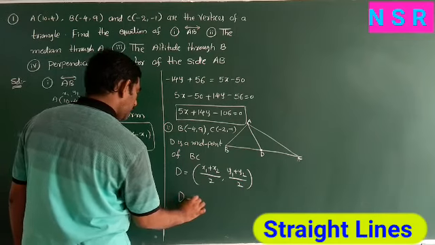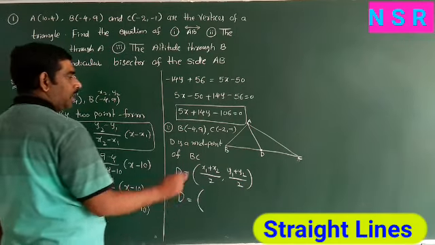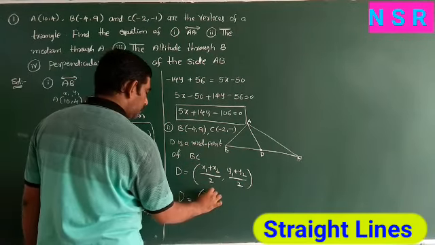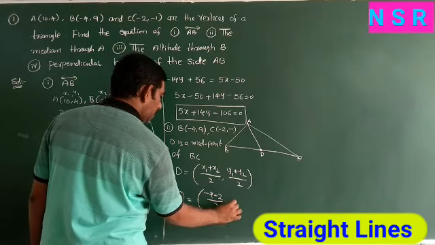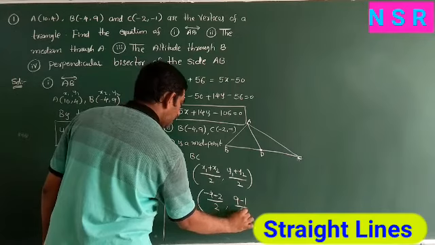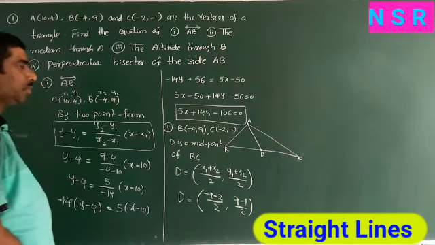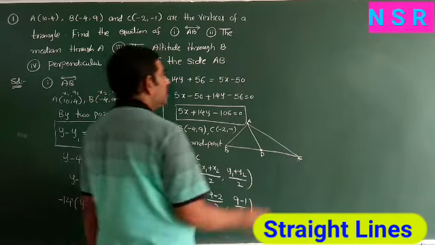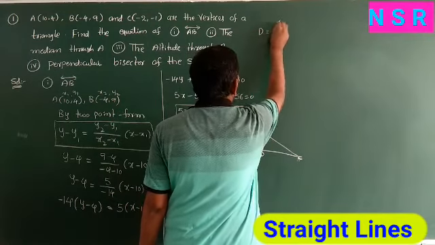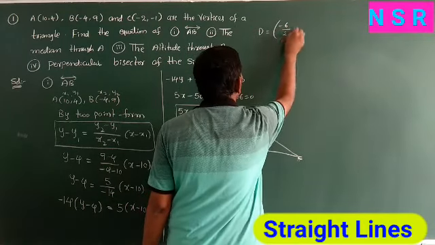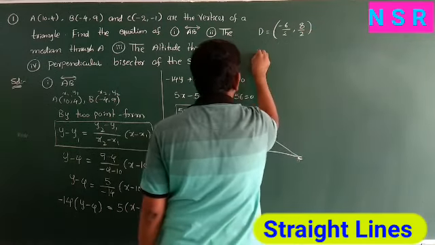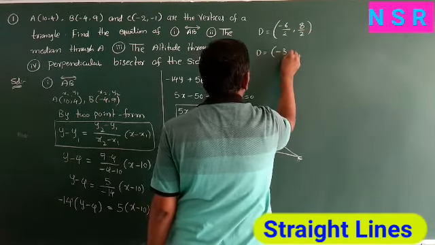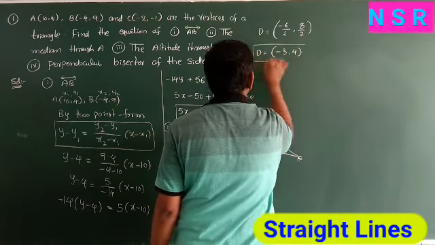So D is equal to ((-4 minus 2) by 2, (9 minus 1) by 2). Now D is equal to (-6 by 2, 8 by 2), so D is (-3, 4).